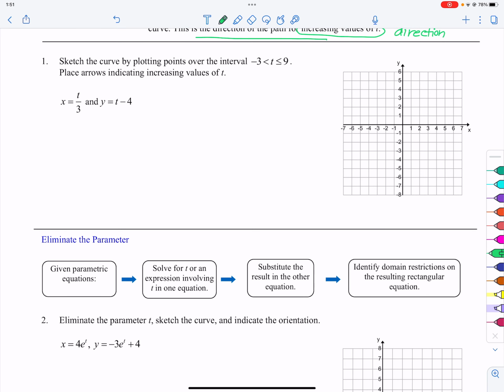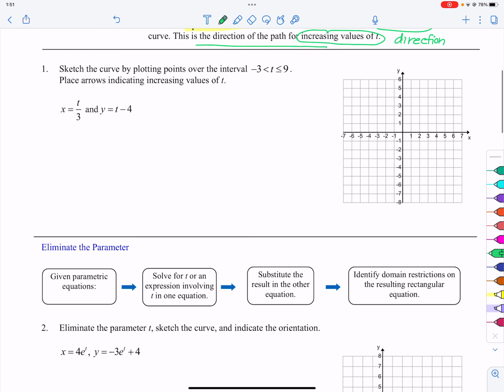We are going to be plotting points over the interval from -3 to 9, and we are not including -3, but we are including 9.